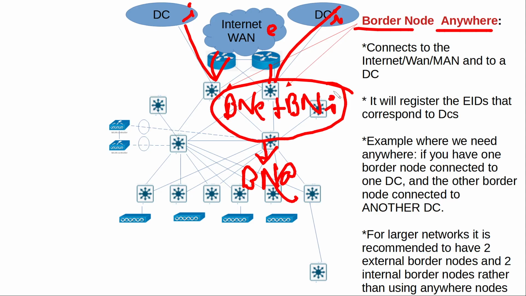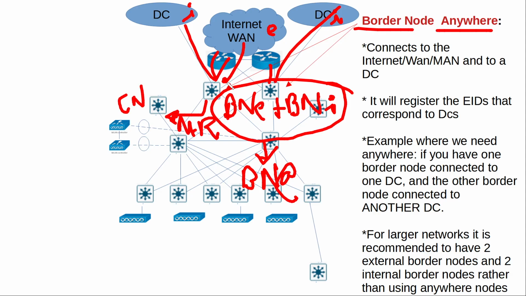For prefixes coming from your data center, this anywhere border node will register those prefixes using a map register message to the control nodes. And for prefixes that come from the internet, the border node will not register those messages.